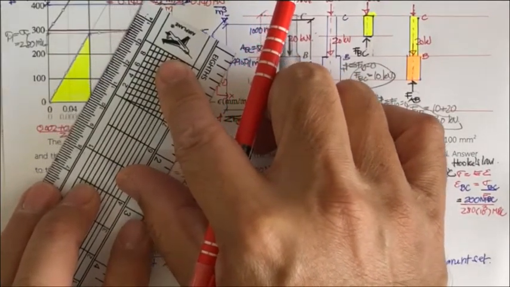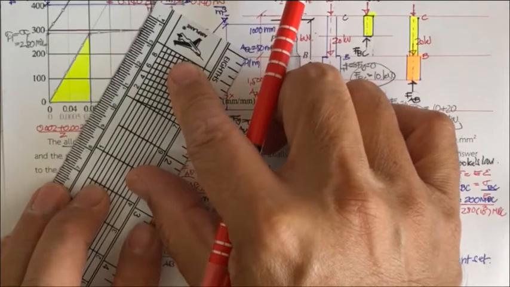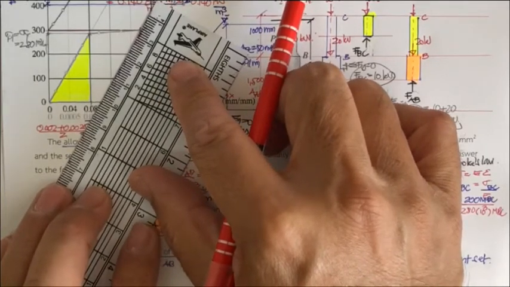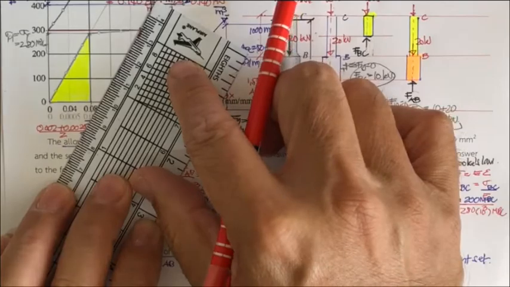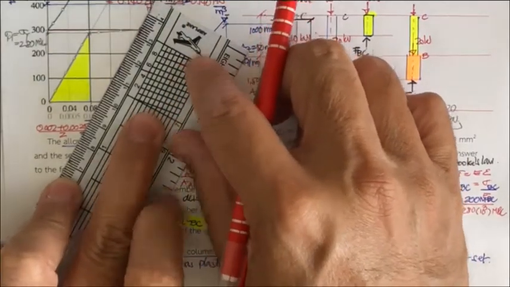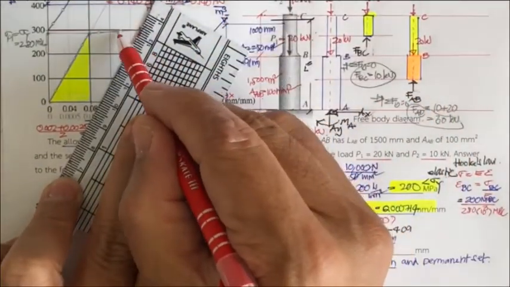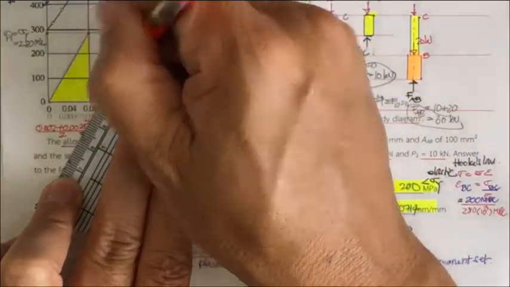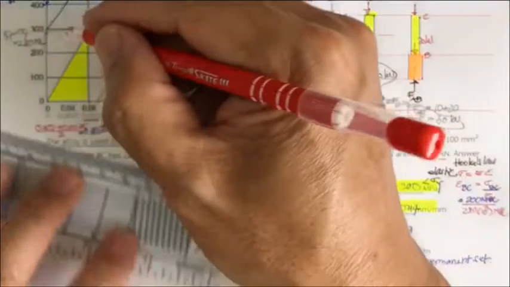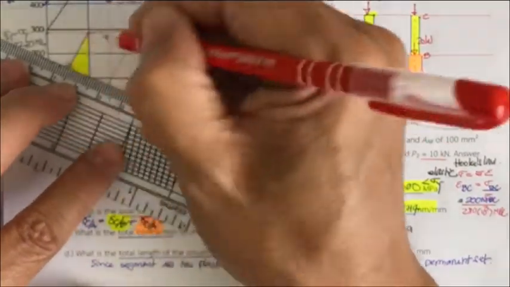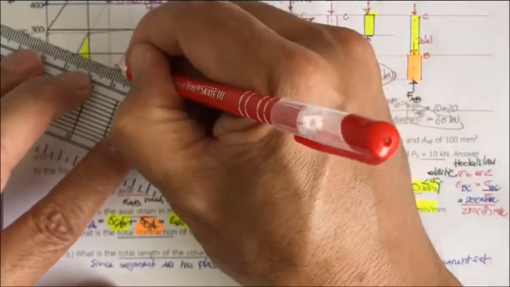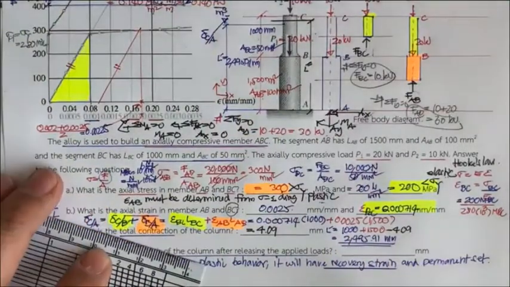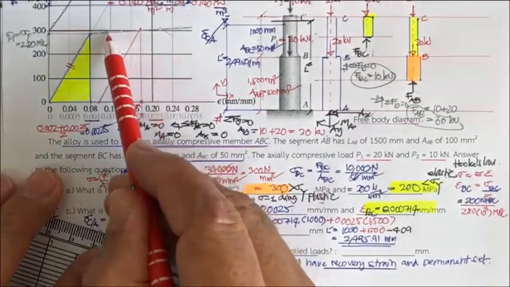So when AB has the plastic behavior and the load is released, it will not go back along the original curve; it only goes along this direction, parallel to the initial slope. So it recovers by linear elastic behavior.